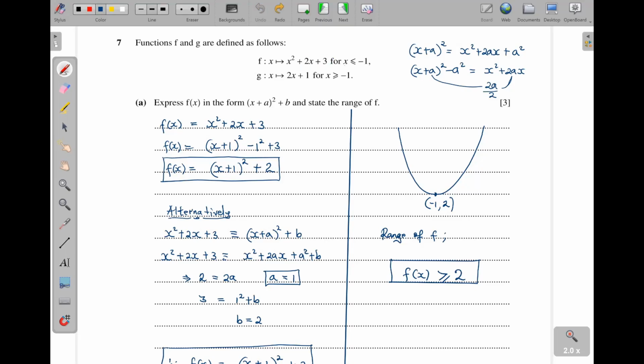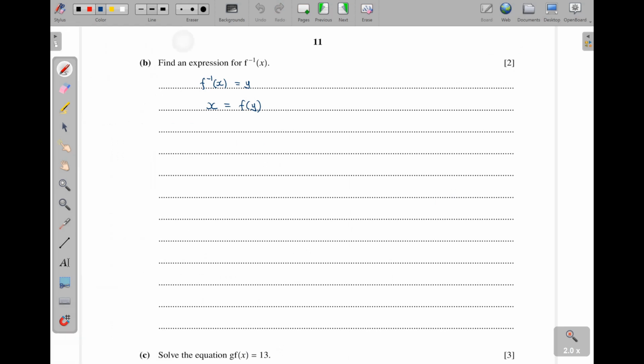So we are going to use the one that we got: (x + 1) squared plus 2. Where there is x, I'm going to put y. That is interchanging x and y. So it will be, remember it is x plus 1, so it will be (y + 1) squared, then plus 2.